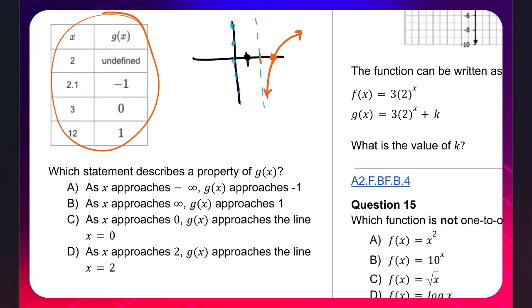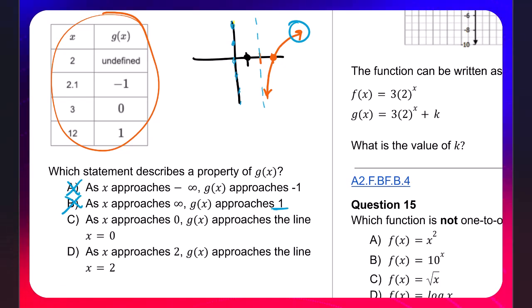So as x approaches negative infinity, x actually doesn't approach negative infinity. X stops at 2. So this is not an option. As x approaches positive infinity, so as it goes to the right, it actually increases to positive infinity. It does not approach 1, so B is out.